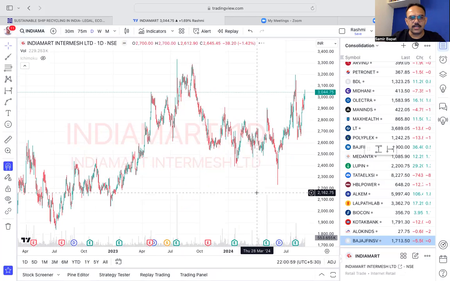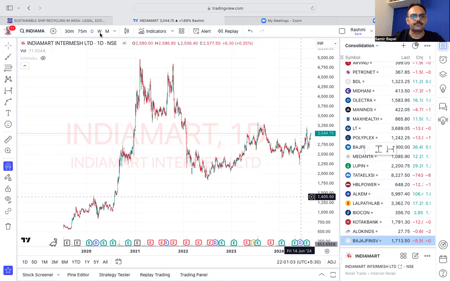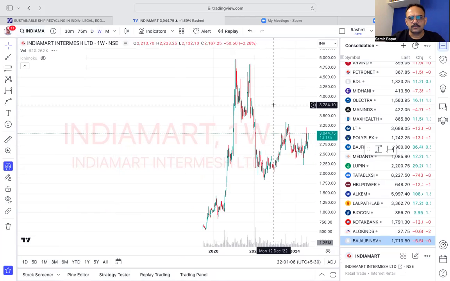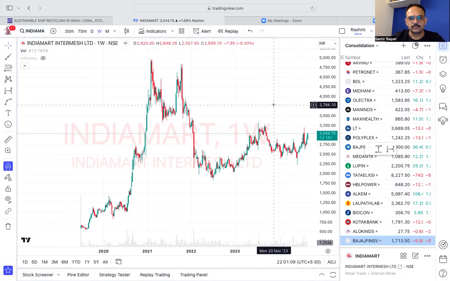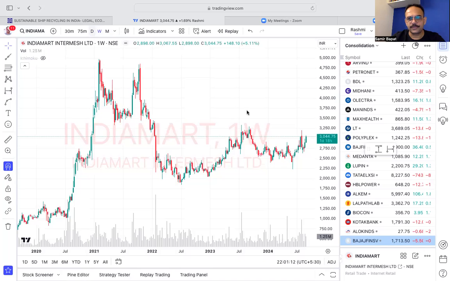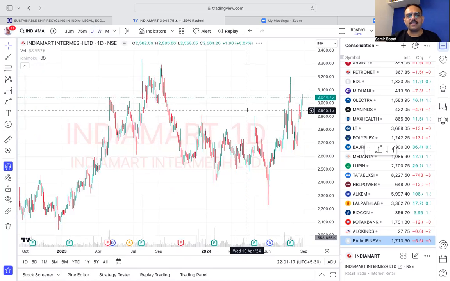it's in consolidation, yes, but let's see on a weekly basis. No, it's consolidation, yes. So don't take any trade as of now.